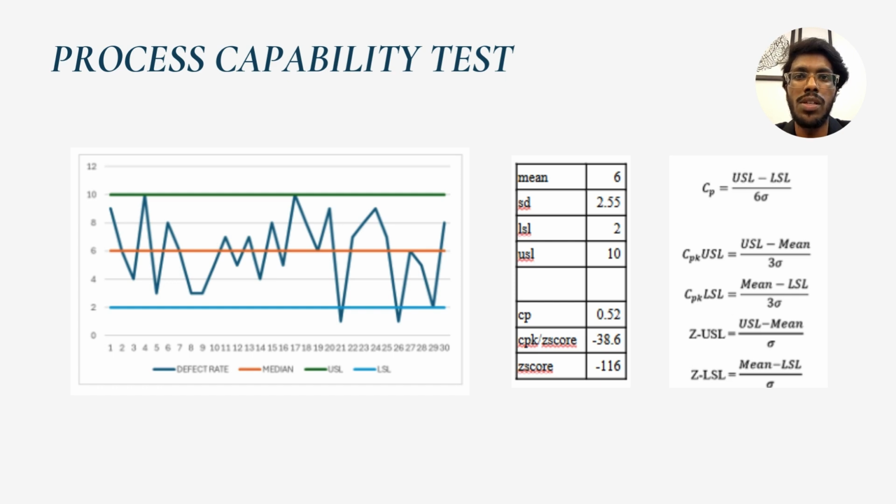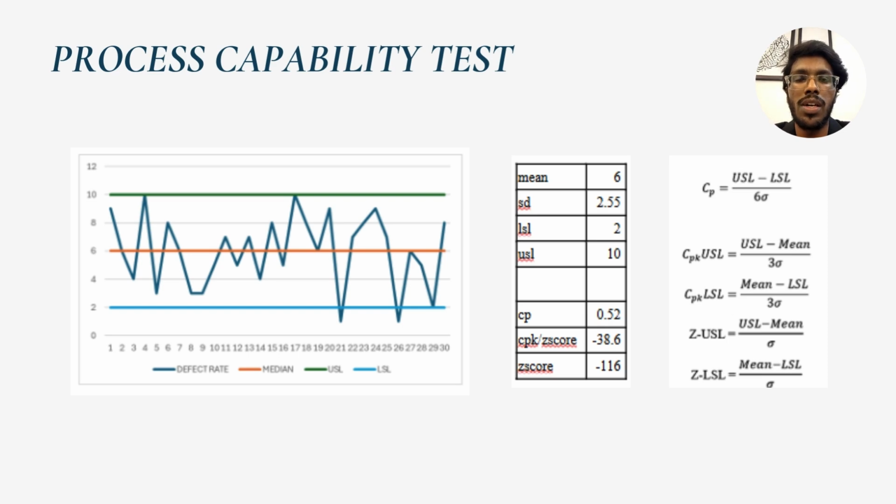So the analysis begins with a run chart which plotted defect data against the upper and lower specification limits, 10 and 2 respectively. The chart revealed that all data points fell within these limits, suggesting no special cause variation in the process.